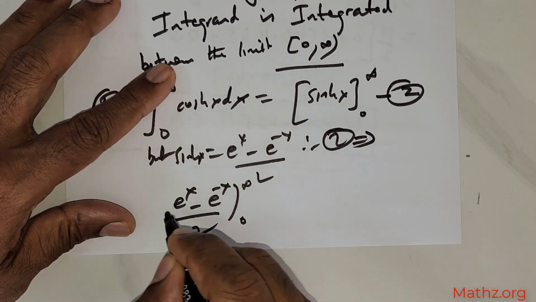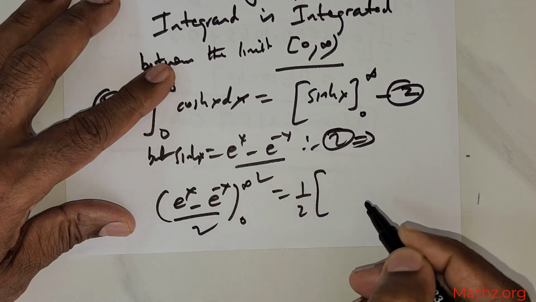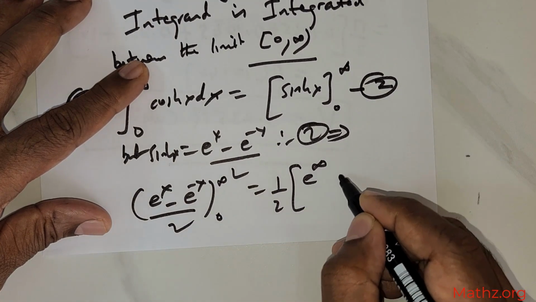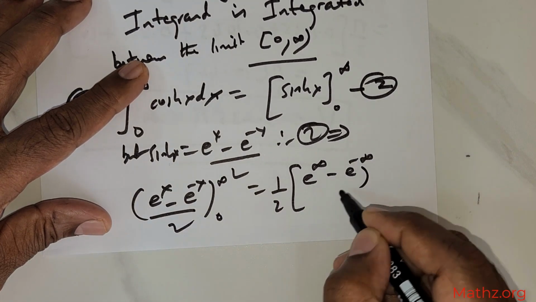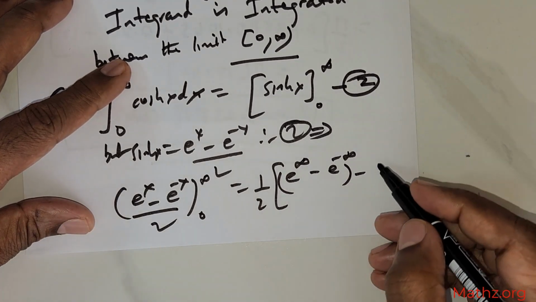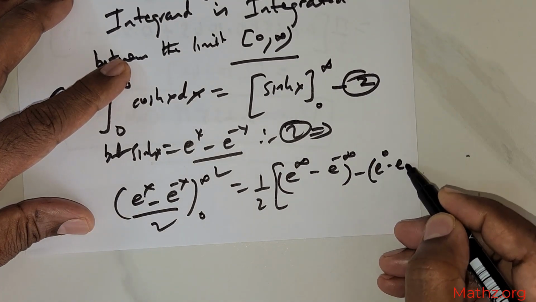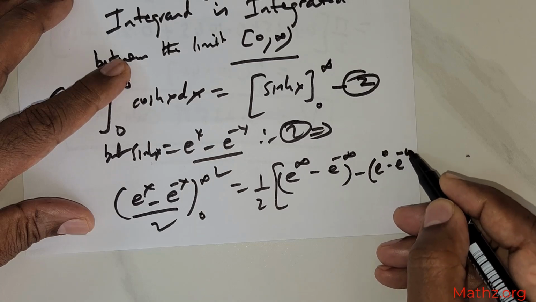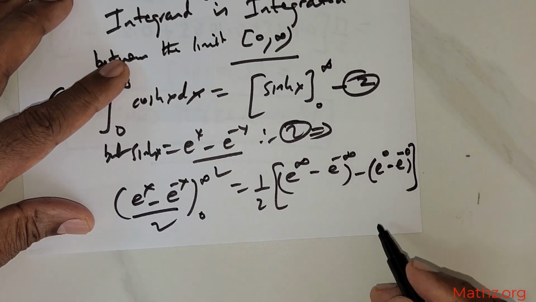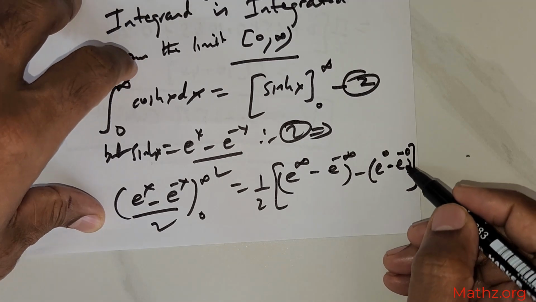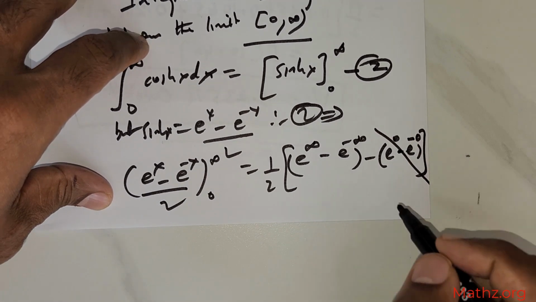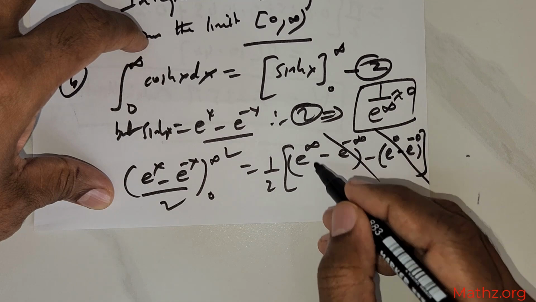The limits are 0 to infinity, which is equal to 1/2 times, you substitute the upper limit, right? This is upper limit minus lower limit, e^0 minus e^-0. Now this one will vanish, so this one will also perish. You got e raised to the power of infinity.